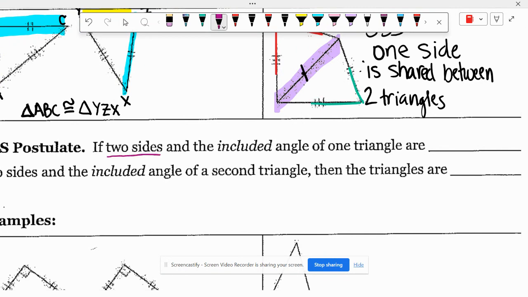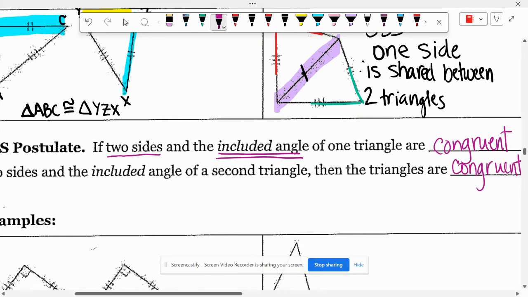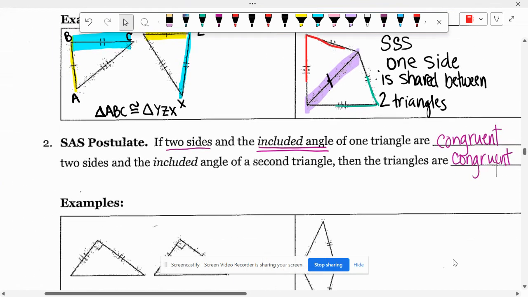If two sides and the included angle of one triangle are congruent to two sides and the included angle of the second triangle, then the triangles are congruent. So I'm trying to shrink that up so I can see the whole picture.